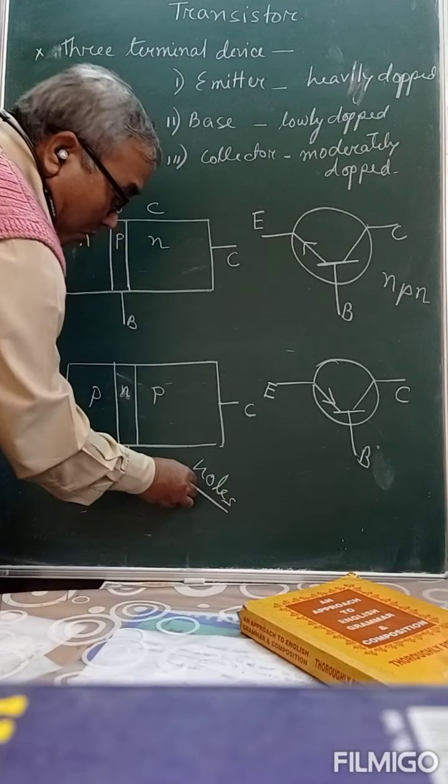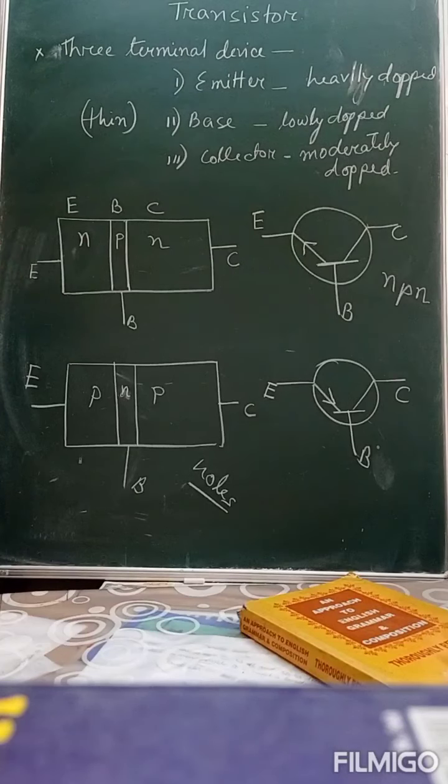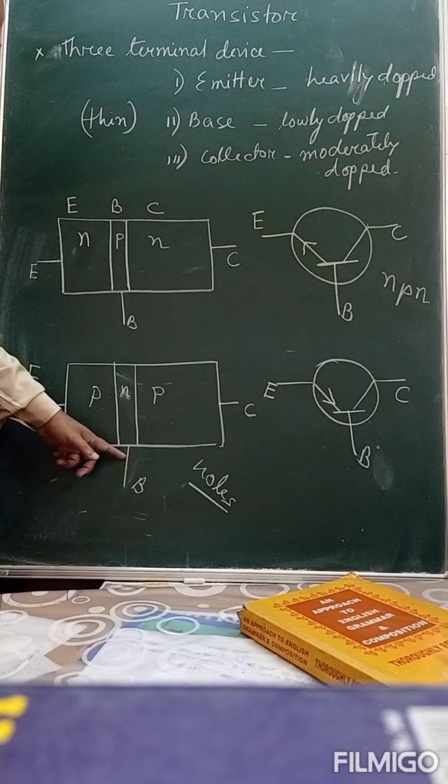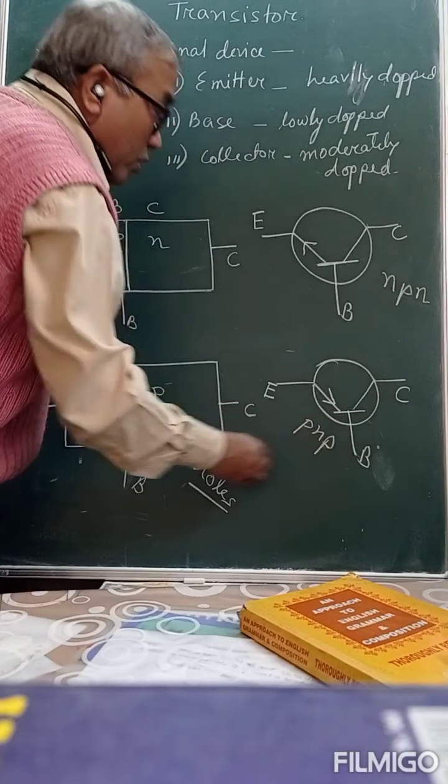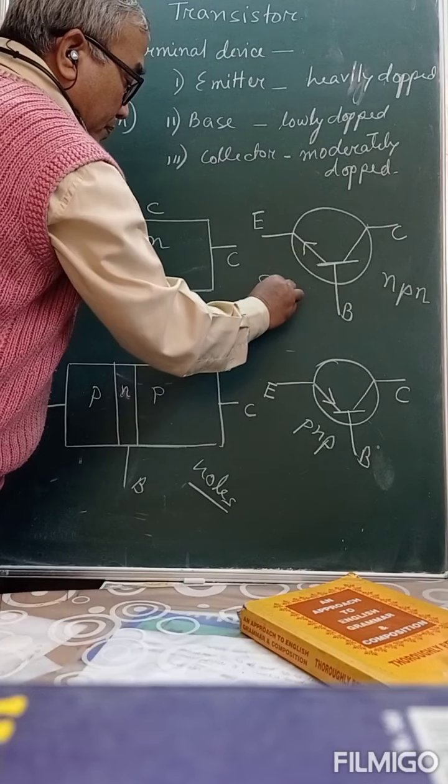Holes are identical to positive charge. Since holes move from P to N, therefore the direction of current will be from emitter to base. This is the PNP transistor symbol.